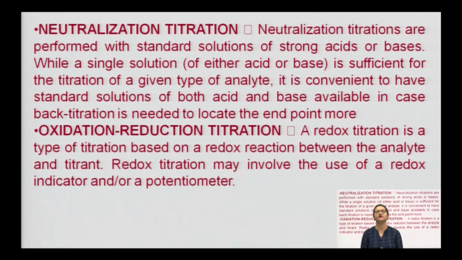Redox titration may involve the use of a redox indicator or a potentiometer. For all the methods, there are suitable indicators for the particular type of reaction also, but since we are studying potentiometry here, we are showing how potentiometry is applicable for the determination of end point in all sorts of titration.